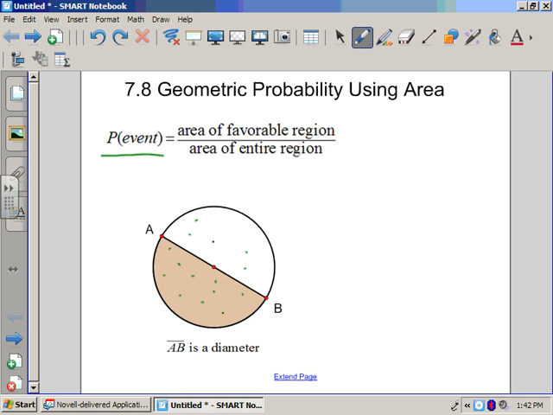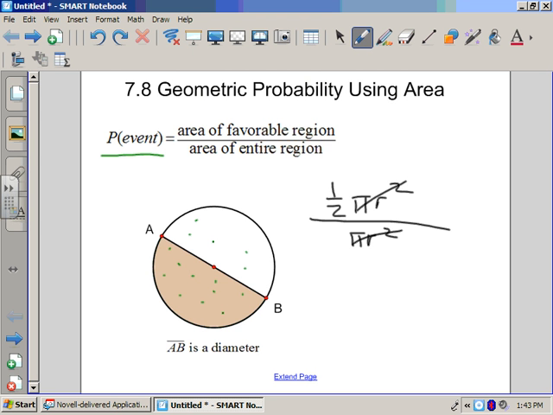The area of a circle is pi r squared, so the area of the favorable region is 1/2 pi r squared. I'm going to divide that by the area of the entire region. The entire region is a circle, so its area is pi r squared. I can cancel out the pi r squareds, and sure enough, the probability that a point chosen at random inside that circle will be in the shaded area is 1/2.